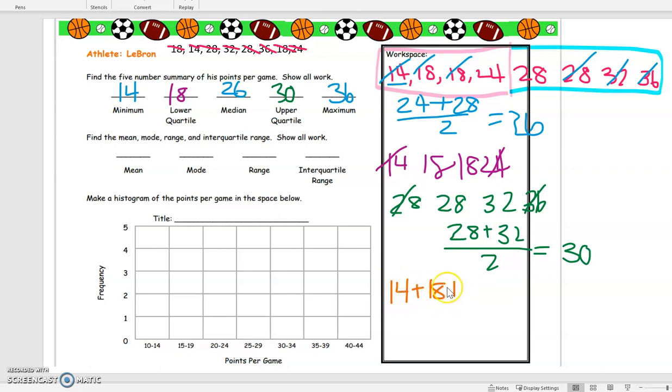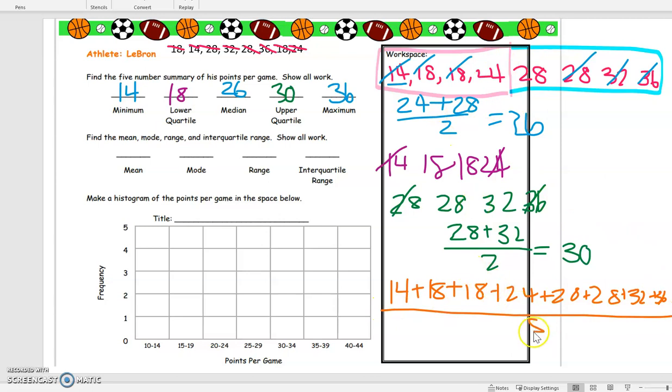Okay, so I'm going to add all of these numbers up. After you add them all up, count how many there are. For your data set, there will be 10 for each if you've included all of them as you should. For this one, if I add all these numbers up, I only have 8 in my data set, so I would divide by 8 to get the mean.